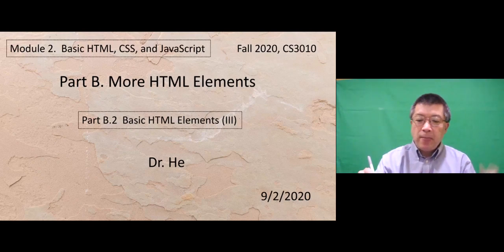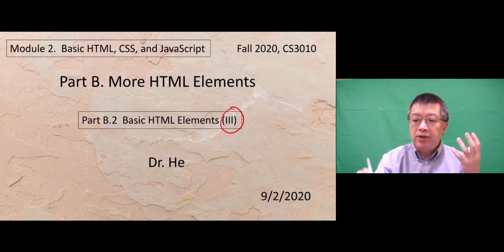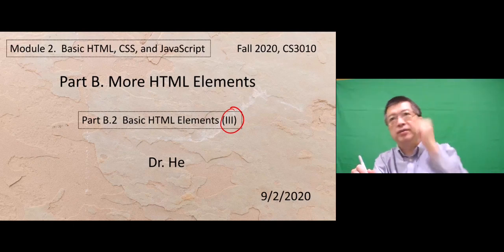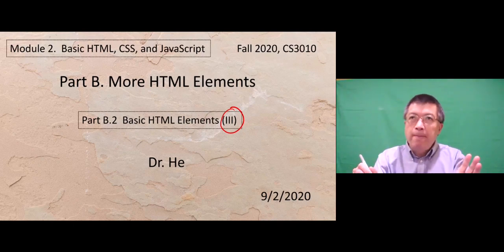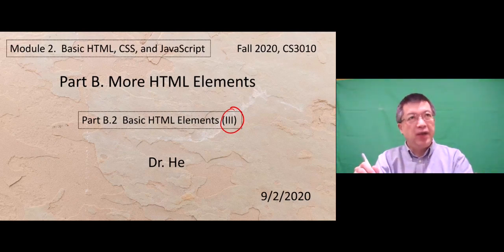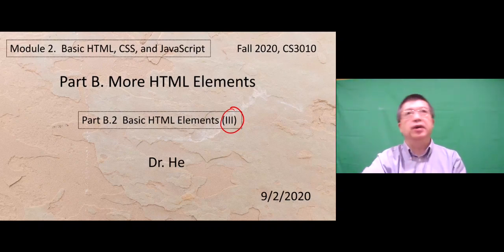Here you can see I did this topic, Basic HTML Elements, Part 3. We did Part 1, Part 2, Part 3. After this one, actually I still need another part, right? Because there are a few more important elements left.